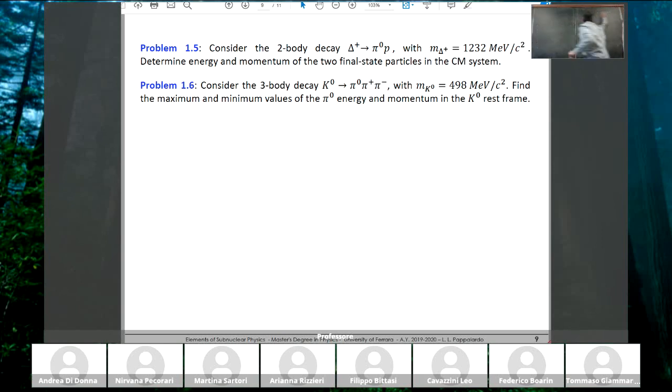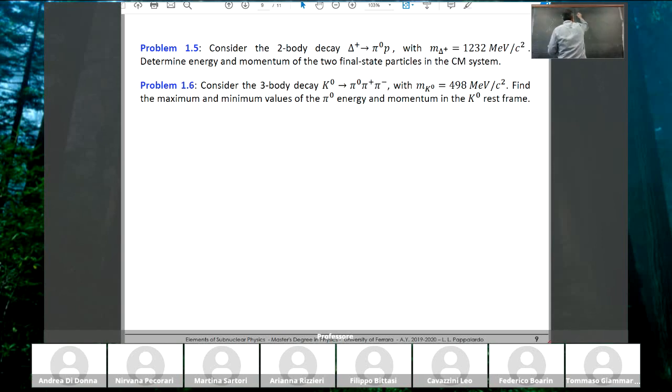The difference with respect to what we've studied so far is that this is a 3-body decay. So we have now 3 particles in the final state, and this, of course, makes things more complicated in general. In the center of mass, we have our K0, which is at rest, and then the momentum will be shared among the 3 particles: the minus, the plus, and the 0. Of course, the total momentum in the center of mass must be 0.